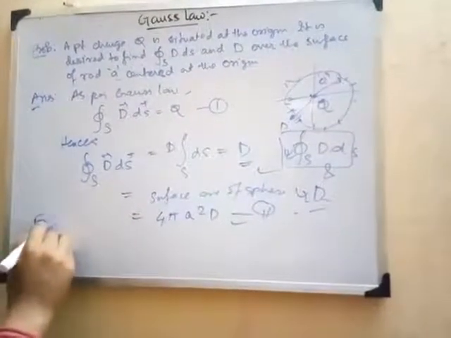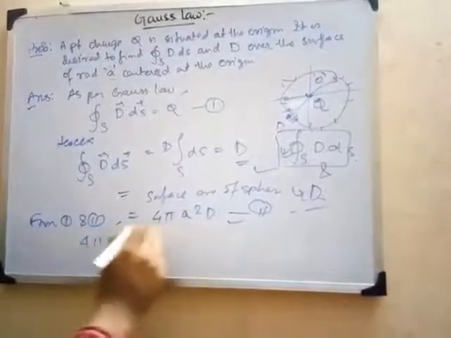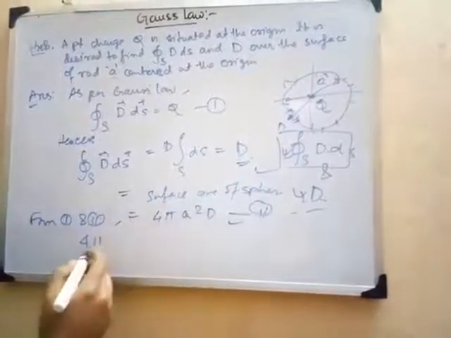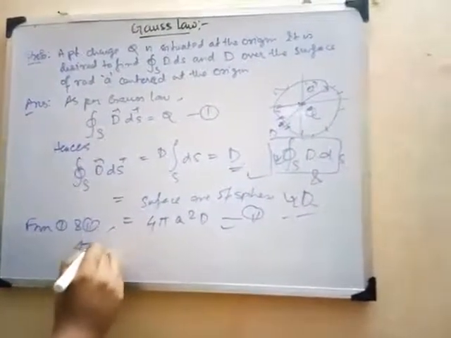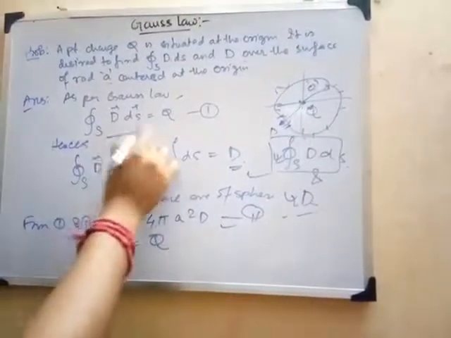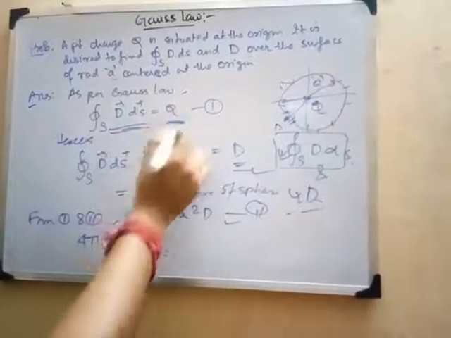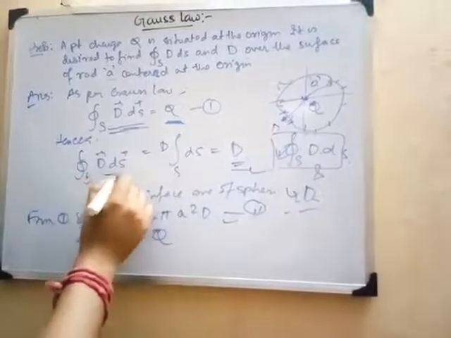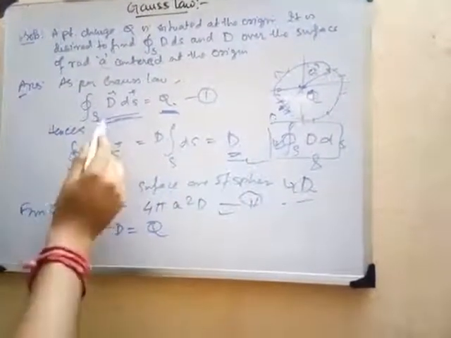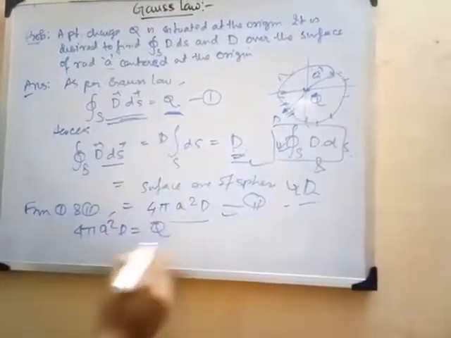From 1 and 2 we can write 4πr²D, so 4πa²D equals Q. Why? Because the surface integral of D·dS equals D times S, and the surface integral of D·dS is also equal to Q. So we can write 4πa²D equals Q. That is what I have written.